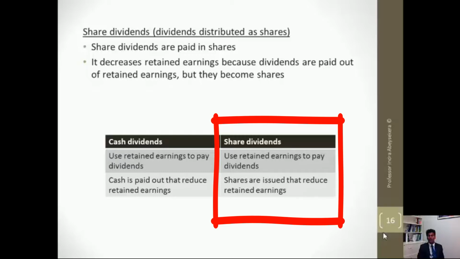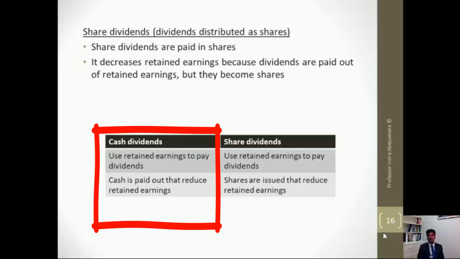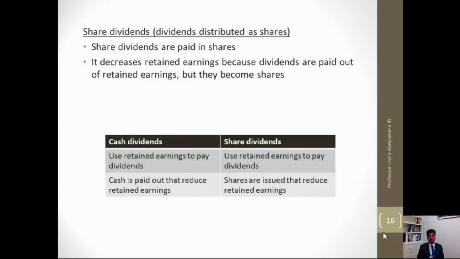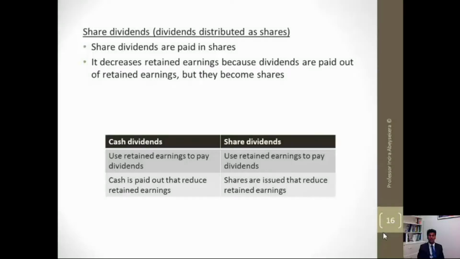So when we compare share dividends with cash dividends, in both instances we use retained earnings to pay dividends. But in cash dividends, cash is paid out. In share dividends, shares are issued, and that reduces the retained earnings.